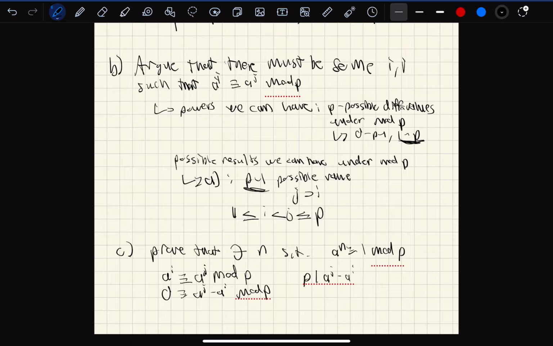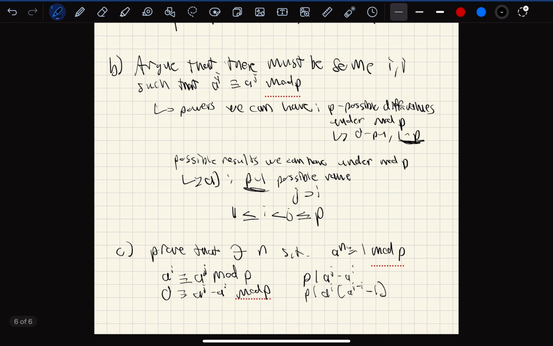They're both powers of a, so we can factor out an a to the i here, and as we earlier said that j is greater than i, we just have a to the j minus i minus 1.